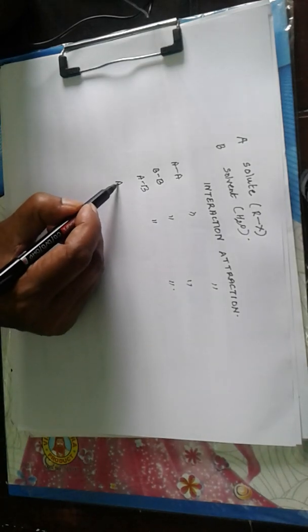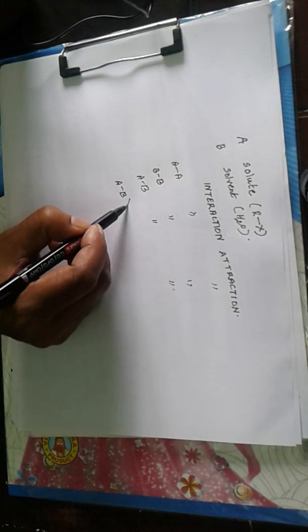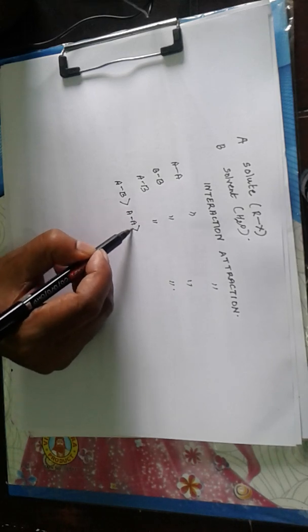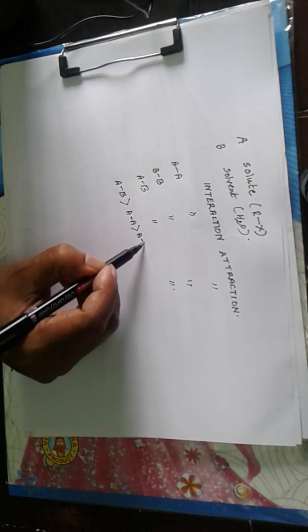Now, if AB interaction, that is the interaction between solute and solvent, is greater than the interaction between two solute molecules or two solvent molecules, then the substance will dissolve in the medium.